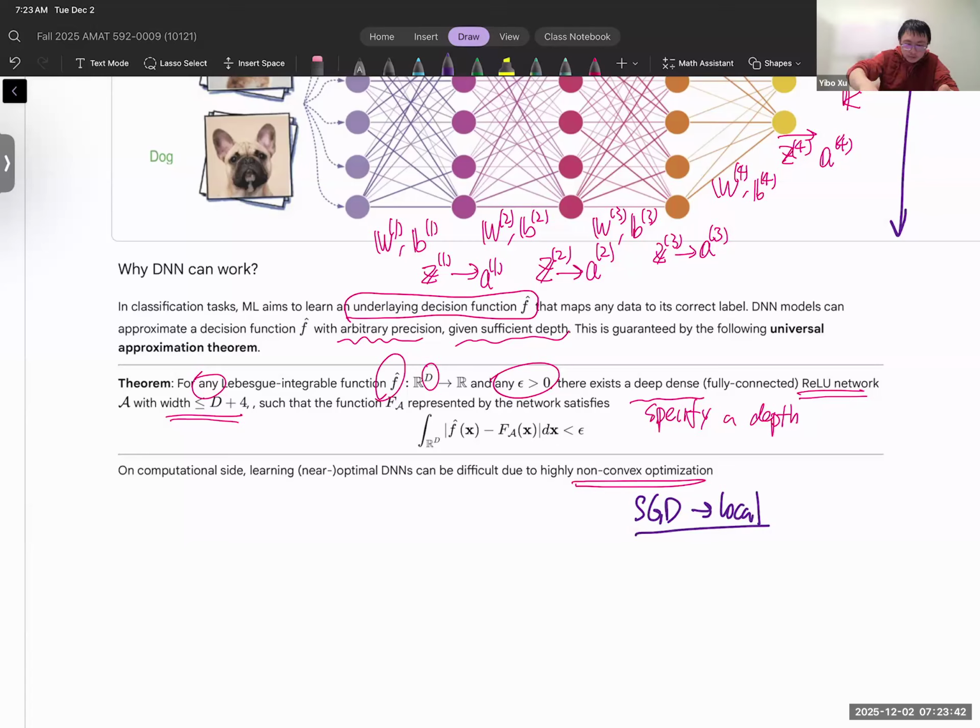Back propagation is something we will quickly cover next time, and we're also going to talk about the implementation of deep neural nets. I think the last homework will not be so long.